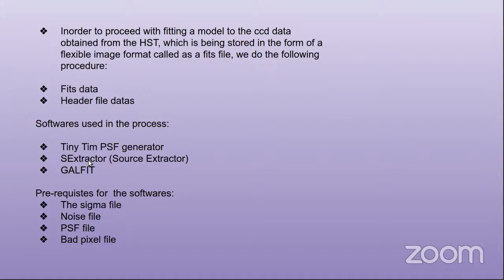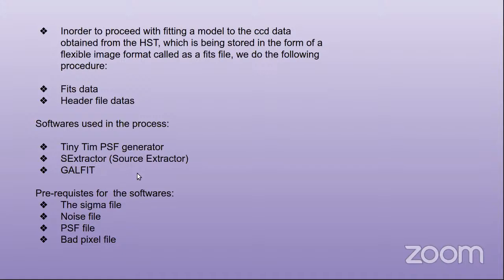It will read the .param file, extract the values for those categories which we have given there, and store them in a file named output.sex. From there we could collect all the values for the parameters which we require to fit in GALFIT. GALFIT needs some initial parameters to start making the model, and all those parameters we get from Source Extractor.